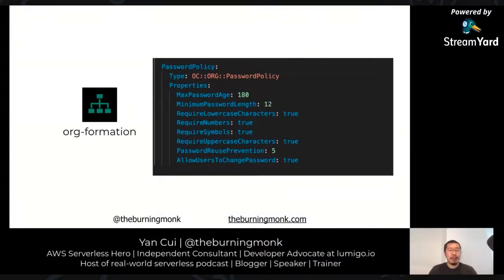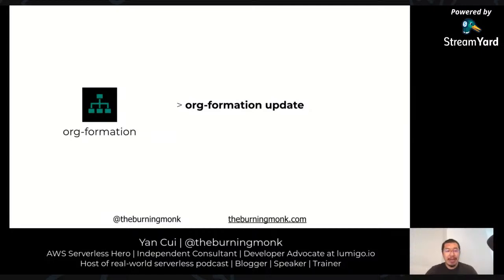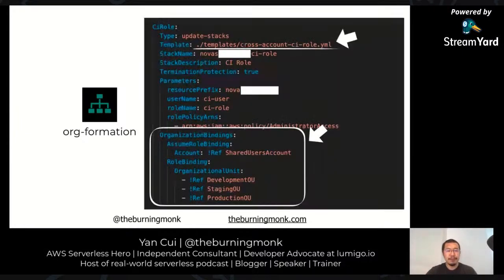I can also configure my password policy for AWS users and use this policy in all of my AWS accounts as well. And whenever I make any changes, I just need to run this one command to update my entire AWS organization. For example, to add the new SCP rules, or to add a new AWS account and so on.